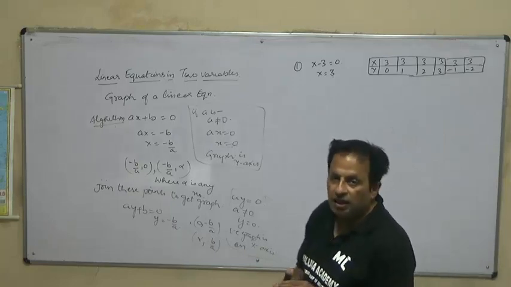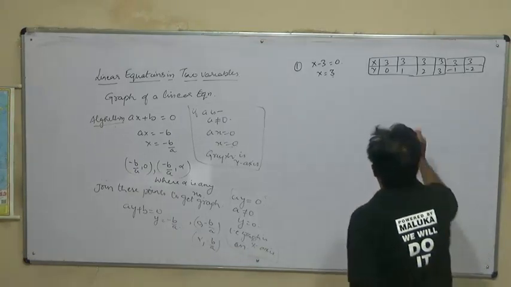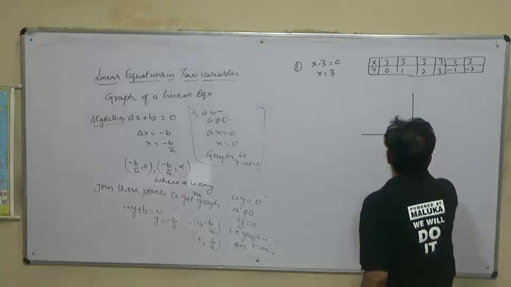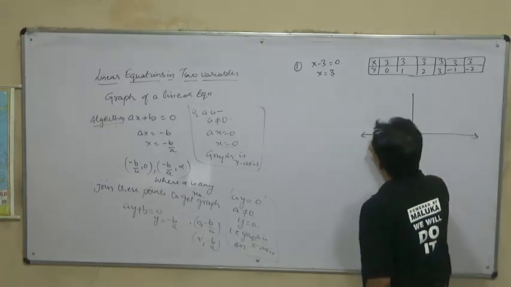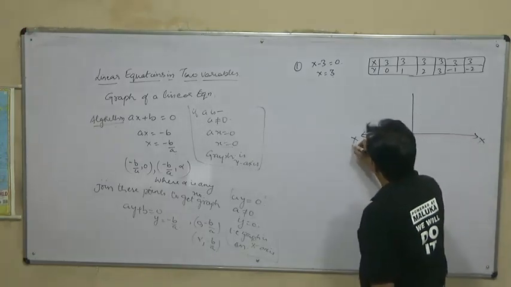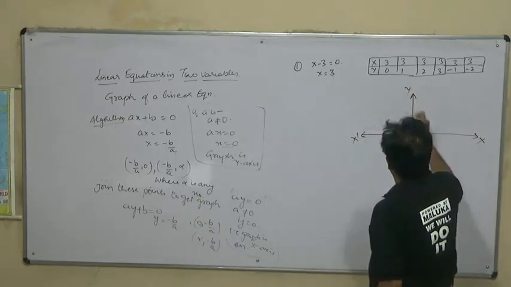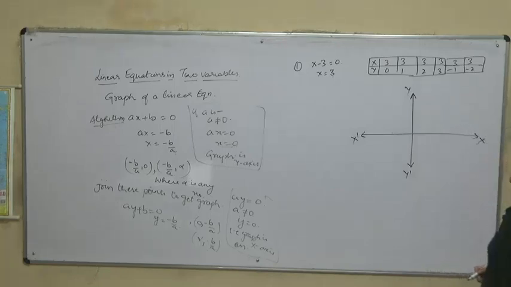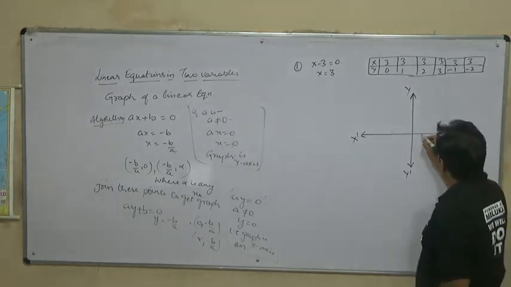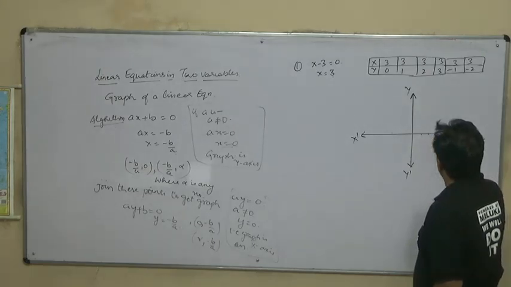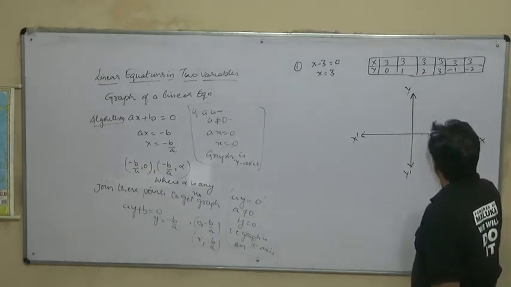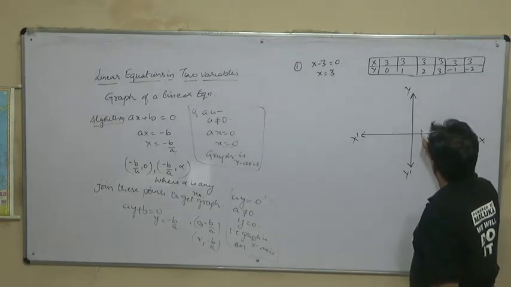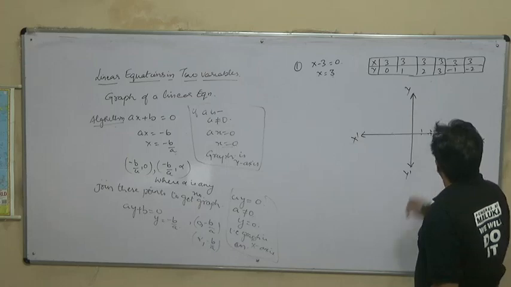In a graph we have the x-axis, x and x dash, and then y and y dash. What is the first point which we are to plot? This is (3, 0). The value of x is 3, so this is 1, 2, 3. This is the point which we have plotted.